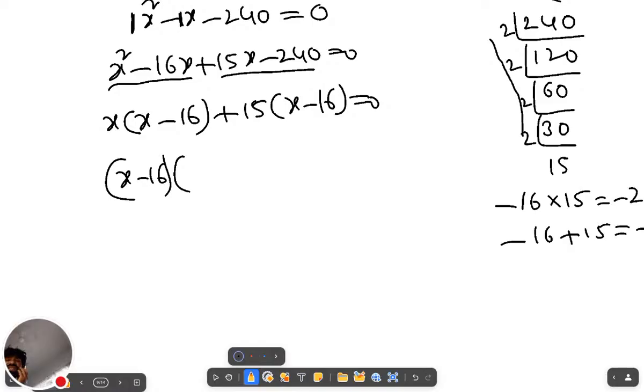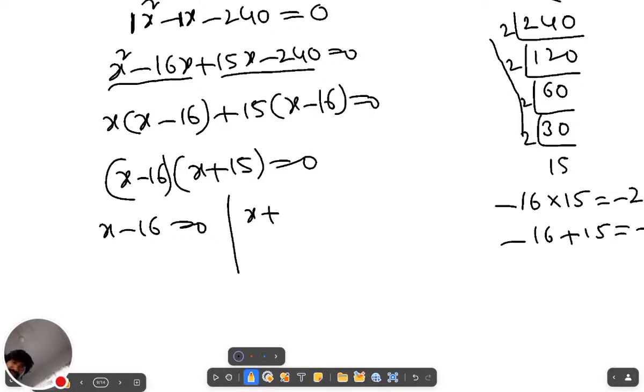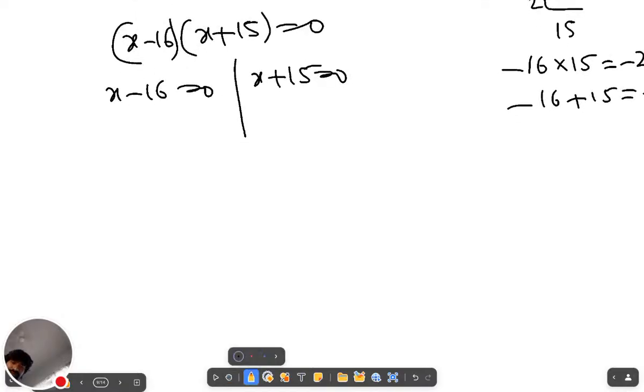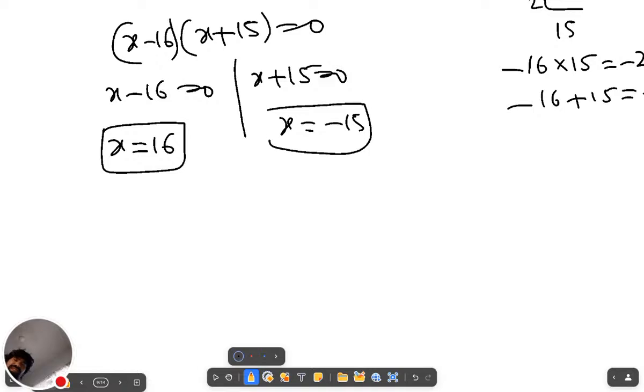So we will have x minus 16 times x plus 15 equals 0. That means x minus 16 equals 0 or x plus 15 equals 0. Now x is equal to 16 or x is equal to minus 15. As x is a negative integer, we should not take plus 16. So here x is minus 15.